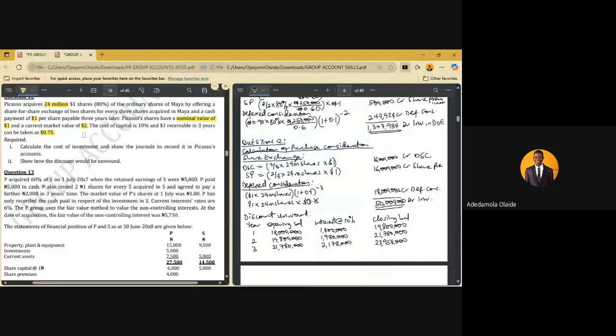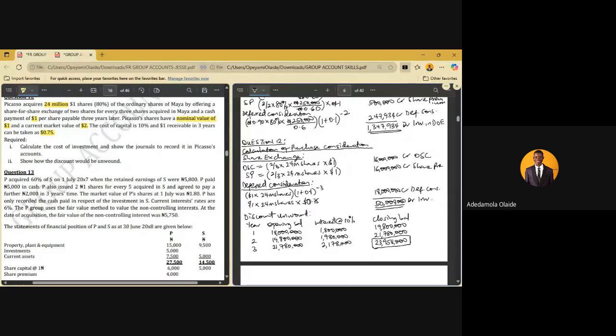So this thing is giving us 23,958, because we used the approximated figure. You know, when you use 1 plus 0.1 raised to power minus 3, it was giving you 18 million and something. If we had used that 18 million and something, we would have gotten the correct 24 million.